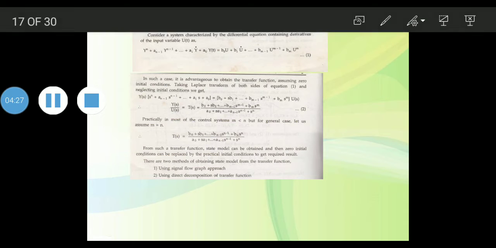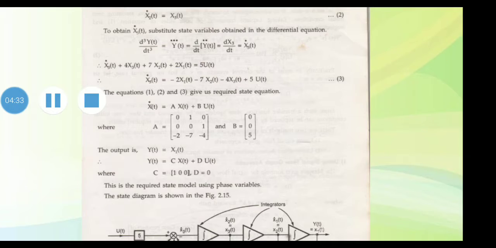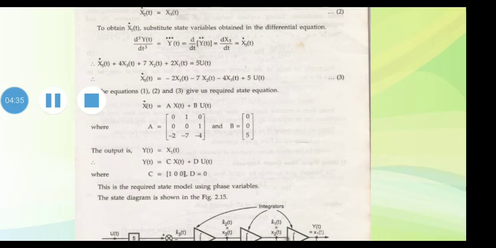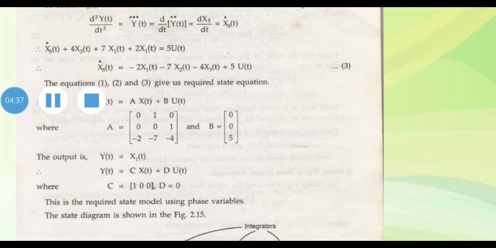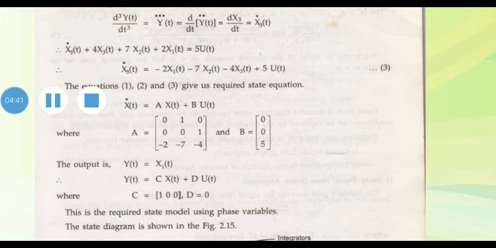The equations are labeled as 1, 2 and 3, which gives the required state equation. Therefore, x dot(t) = A x(t) + B u(t), where A can be written as [0, 1, 0; 0, 0, 1; -2, -7, -4].